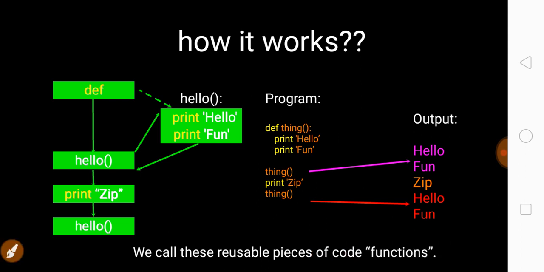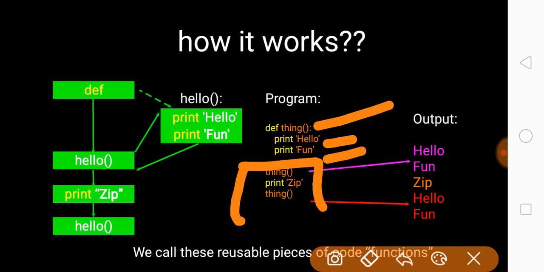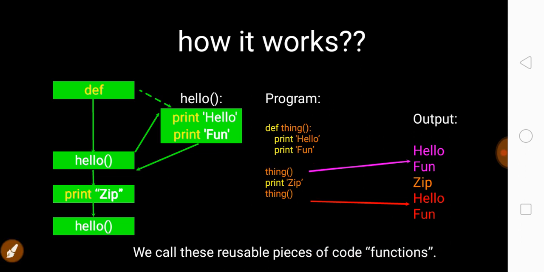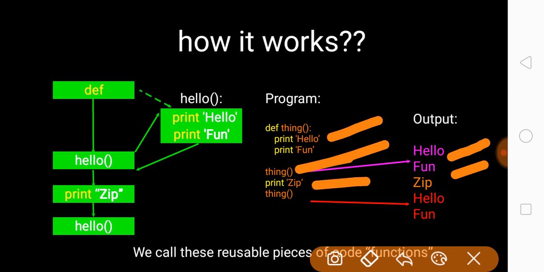Whenever I call this function, these two lines will be printed, and this is the calling of that function. So this is our output, hello and fun. And over here this is not a function, this is a simple part of the program, the print zip line. So this zip gets printed, and after that again I have called the function thing, so there will be hello and fun output.